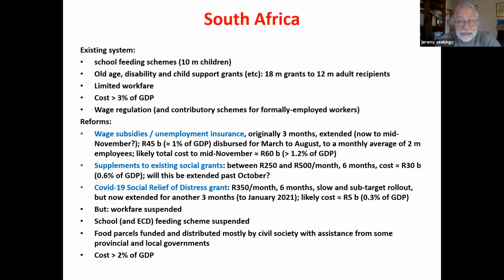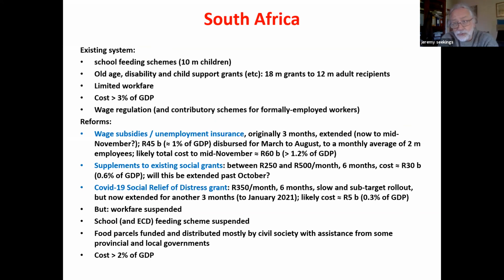So how is this reflected in our three case studies? Well, if we look at South Africa first, as we know, South Africa has by far and away the most extensive set of social protection programs in Africa, through school feeding schemes, 10 million children, grants to 18 million, grants paid out every month, some workfare, cost in comparative terms very high at more than 3% of GDP.